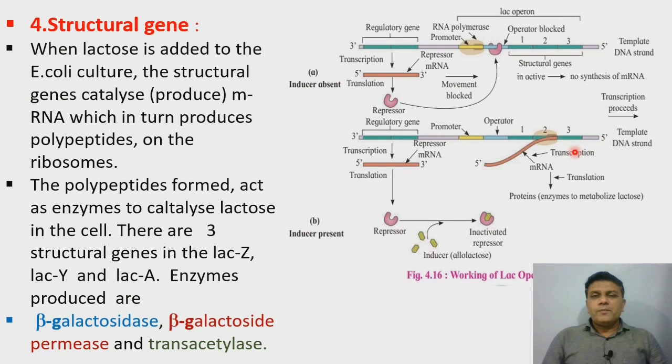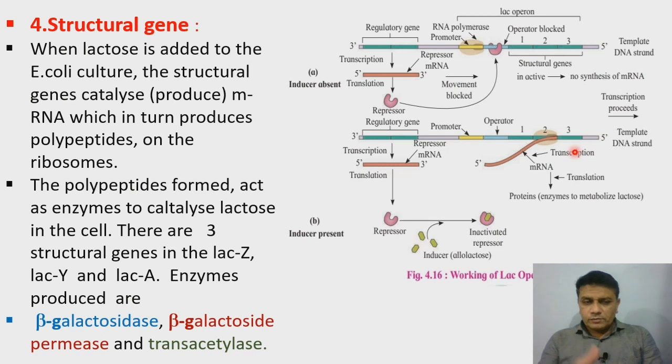So in this way the structural genes will undergo the process of transcription and then translation will occur. So these three types of enzymes are produced in Escherichia coli bacteria when lactose is available in the surrounding medium.